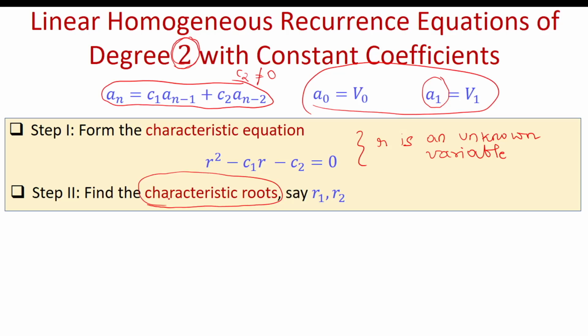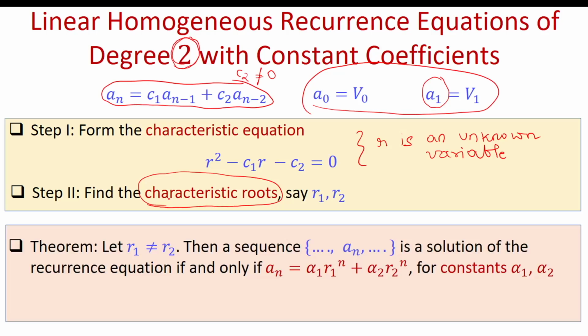Now, there could be two possibilities: the roots r1 and r2 are distinct, that means they are different, and the second case could be that they are the same. When I say non-repeated roots, I mean the first case, the former case, where the roots r1 and r2 are different. So once you have solved the characteristic equation, you will have the value of the characteristic roots and you can check whether you are in this case or not.